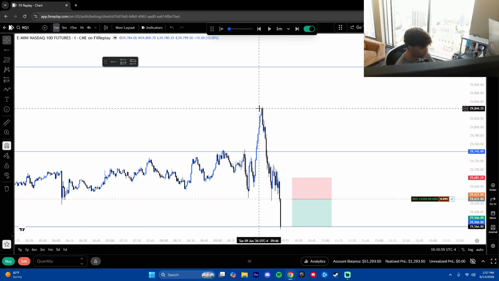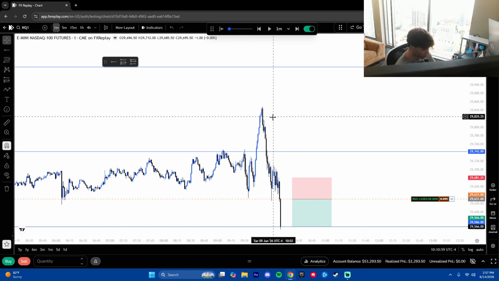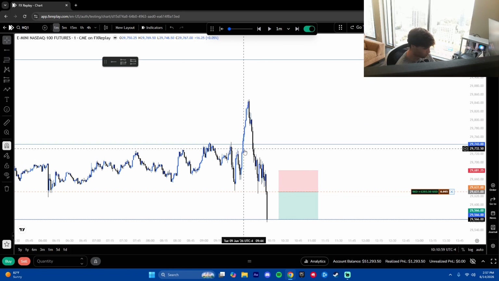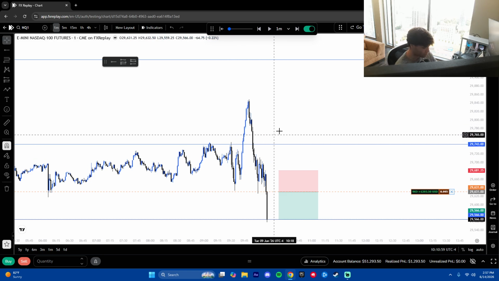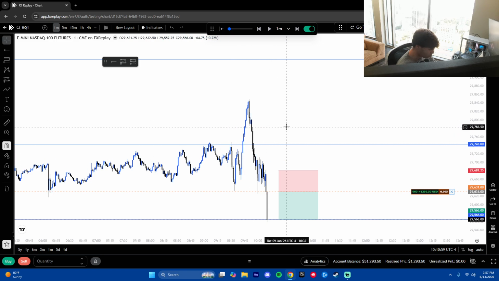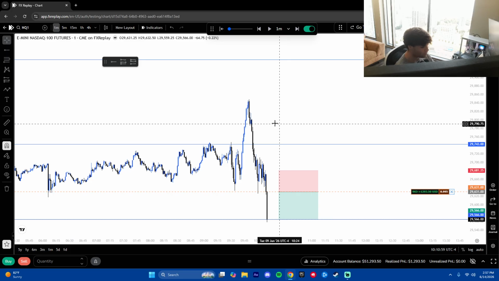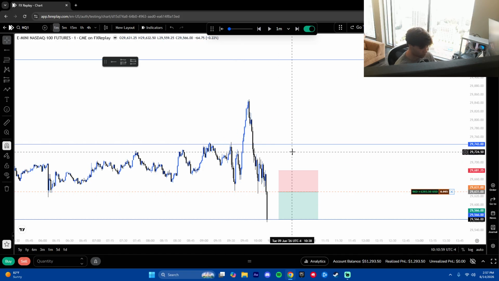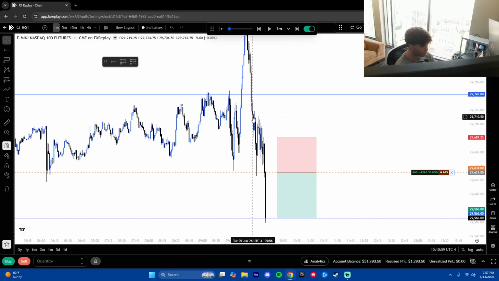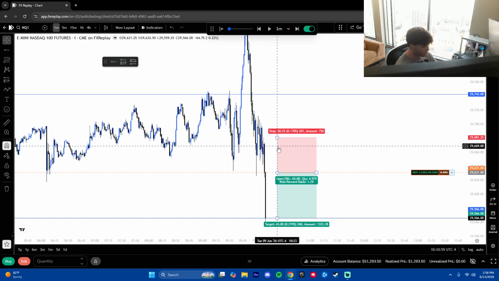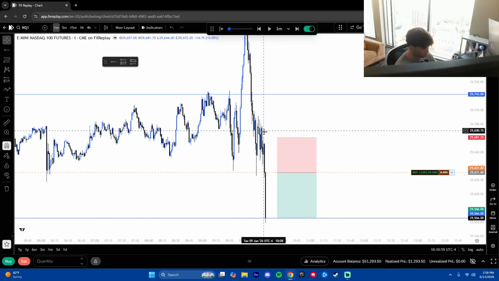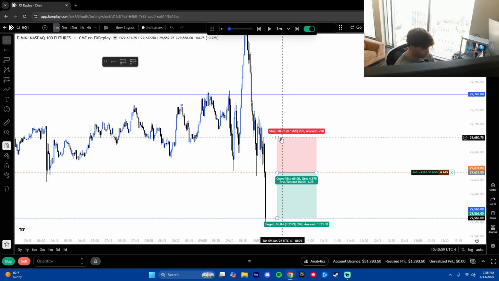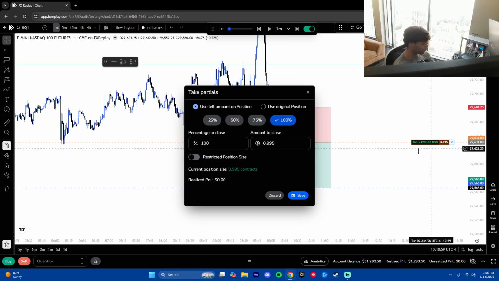But the fact that we just kept dumping and we inversed all of these conditions on this leg, we probably do see lower price. There's no reason for us to dump and inverse all of these conditions if we're not actually going to go lower, right? So that gives me the idea for shorts. And now I'm literally just waiting for a strong close to enter off of.